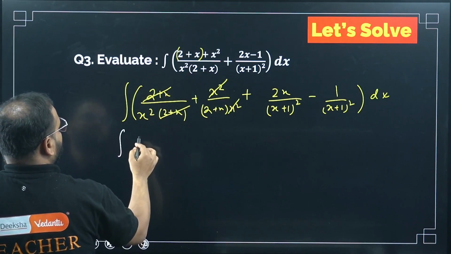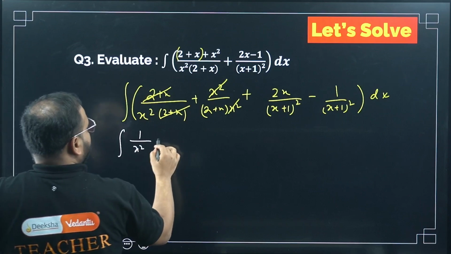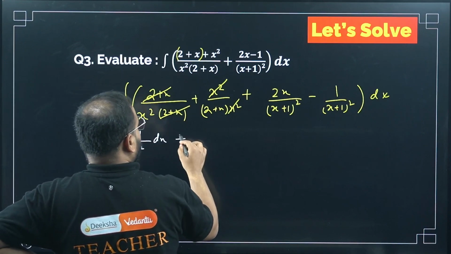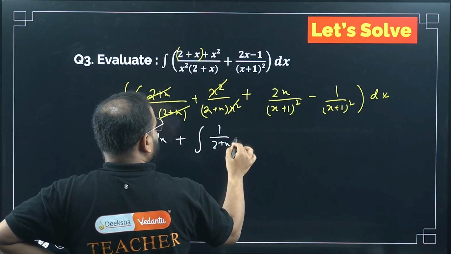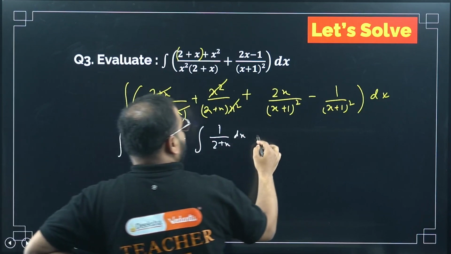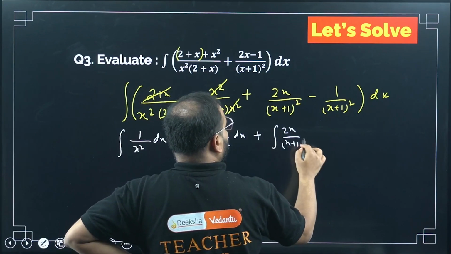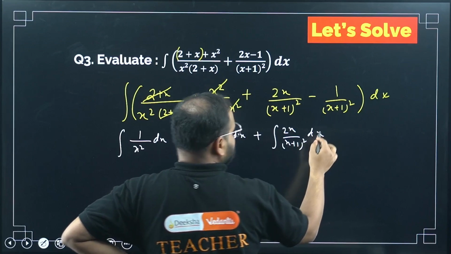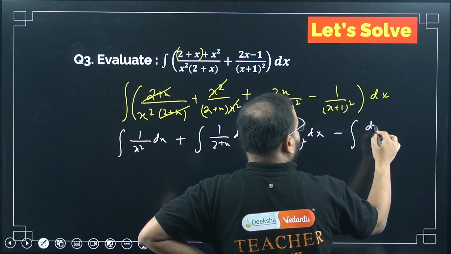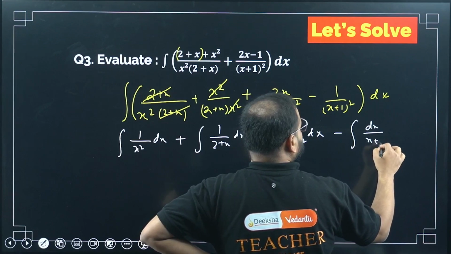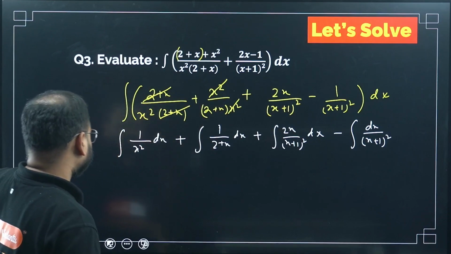Integration of 1 upon x square with dx, plus integration of 1 upon 2 plus x with dx, plus integration of 2x upon x plus 1 the whole square with dx, and integration of dx upon x plus 1 the whole square. Am I right? Yes.